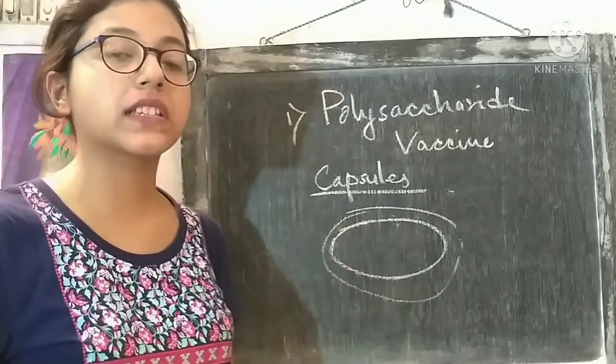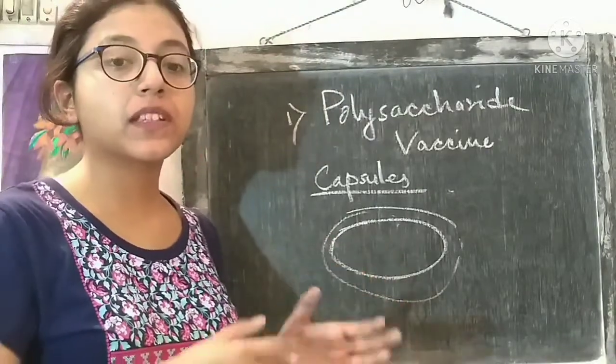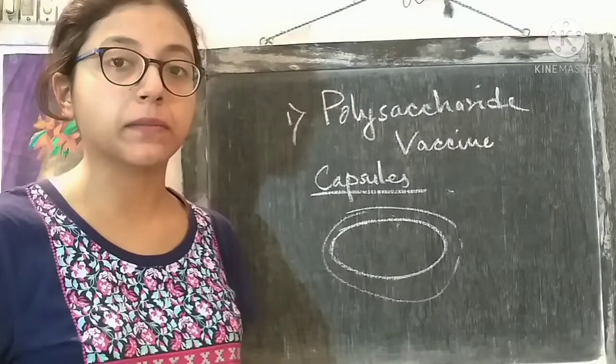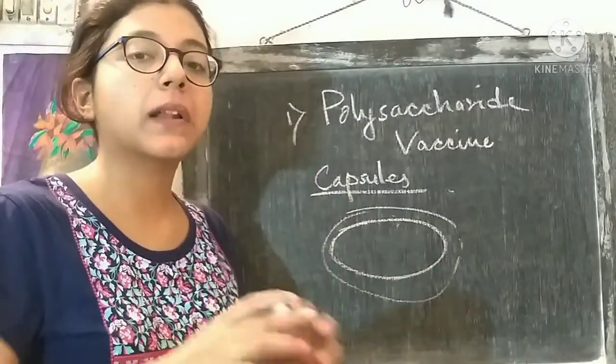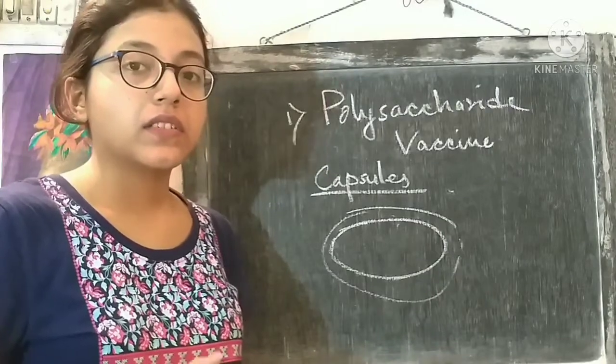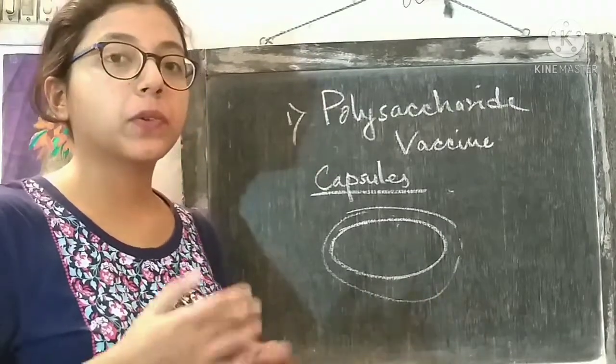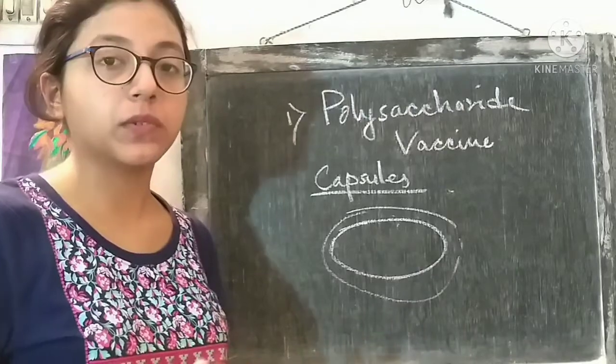The main advantage is that the capsule helps the pathogen avoid the immune system. If the capsule is present outside the cell surface, the immune cells are unable to attack the bacteria. This is how the capsule protects the bacteria from being attacked by the immune system.